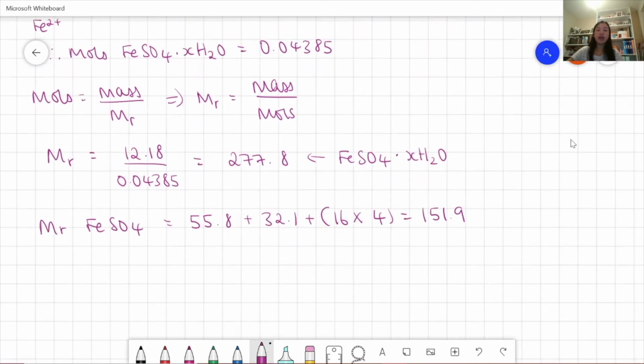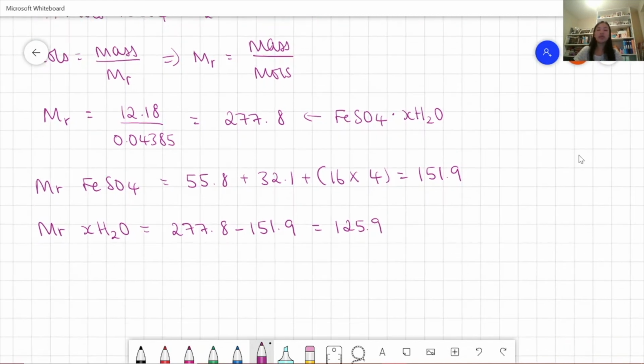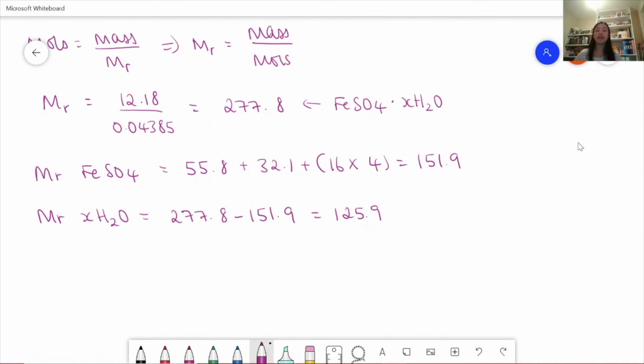So then now we know the Mr of xH2O. So the Mr of xH2O is equal to 277.8 minus 151.9, which is 125.9.